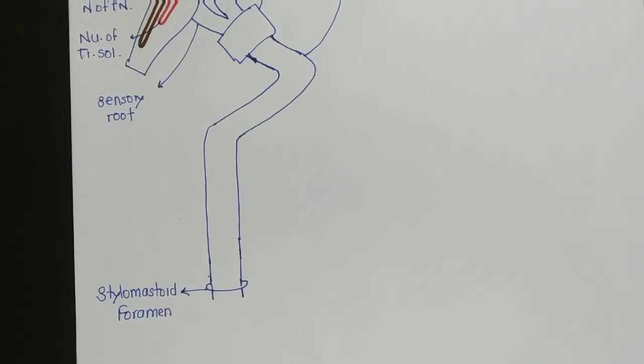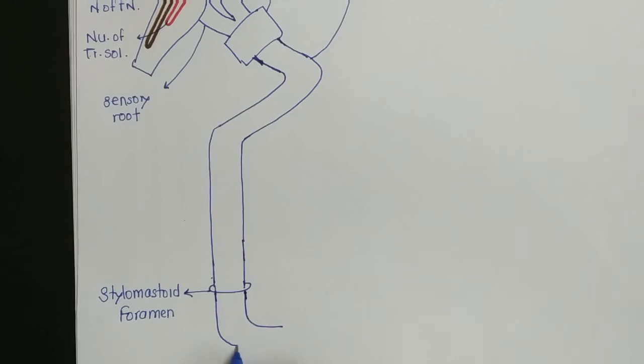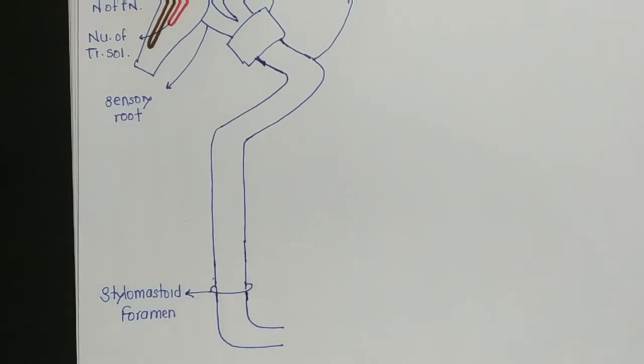Now its extracranial course starts. In its extracranial course, the facial nerve changes the direction. It passes forward superficial to the styloid process.